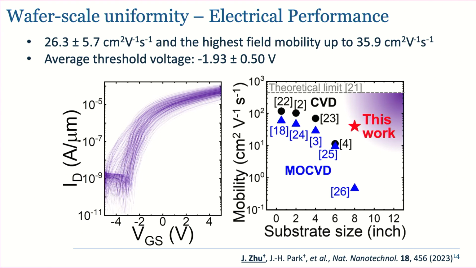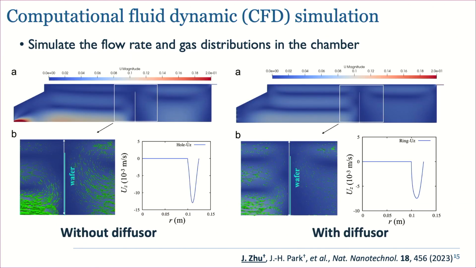These are transfer curves for maybe 100 or so devices, and there is some variation in the electrical characteristics. So what we did was perform fluid dynamics simulations of the reaction chamber, and we found that by putting a diffuser at the gas inlet, you can improve the uniformity of the gas flow throughout the chamber and hopefully produce a more uniform material.